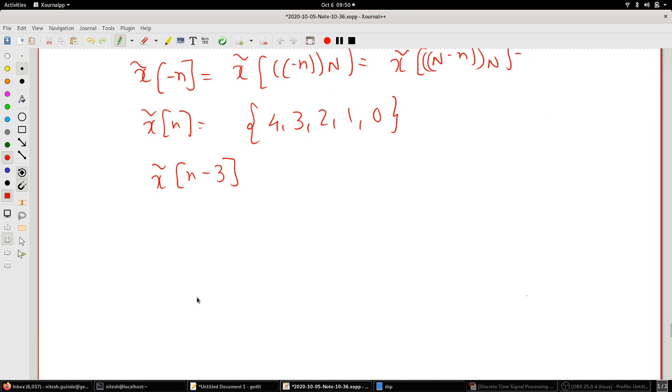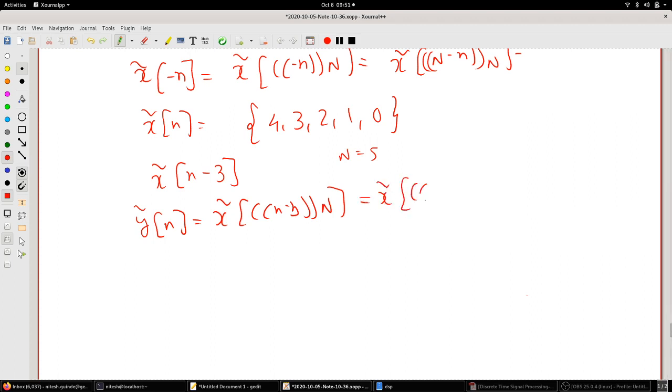The first thing I will always do is denote this with a new sequence. y tilde of n is x tilde of n minus 3 mod n. n here is 5, so that is equal to x tilde of n minus 3 mod 5.